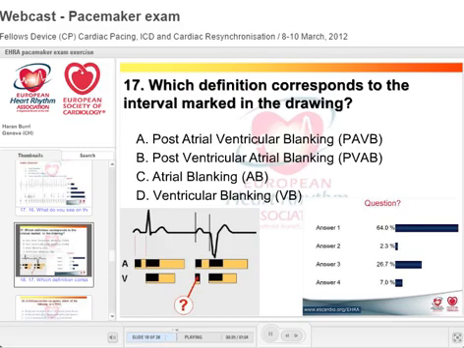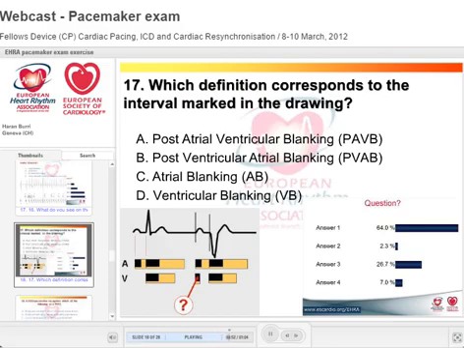Atrial blanking is correct, but this is more correct. It's post-atrial ventricular blanking. It's in the ventricular channel. Atrial blanking would be wrong because it means you're blanking the atrium. Here it's in the ventricular channel, following an atrial paced event, to prevent crosstalk.